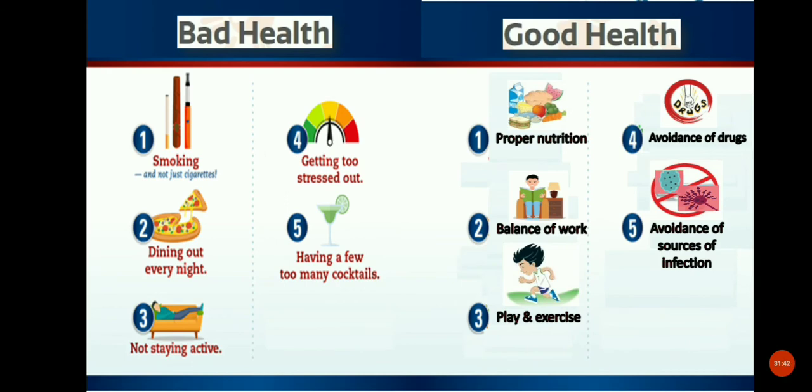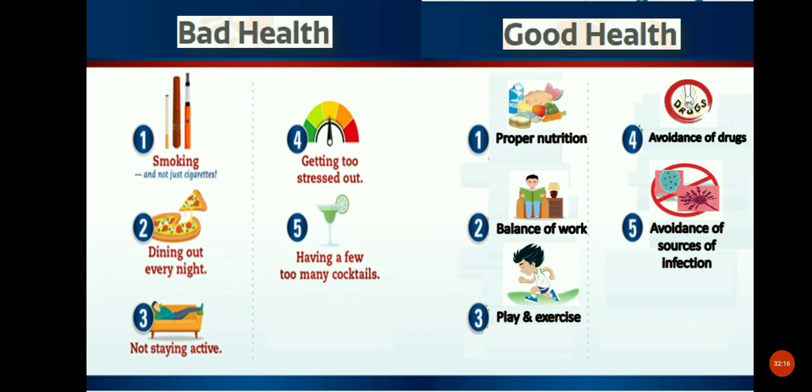Let's proceed to health habits and disease. So the kinds of activity and habits that we do affect our health and well-being. The types of chronic illnesses that we may have in the future are influenced by our current lifestyle practices. In bad health, we have smoking, dining out every night, not staying active, getting too stressed out, and having a few too many cocktails.